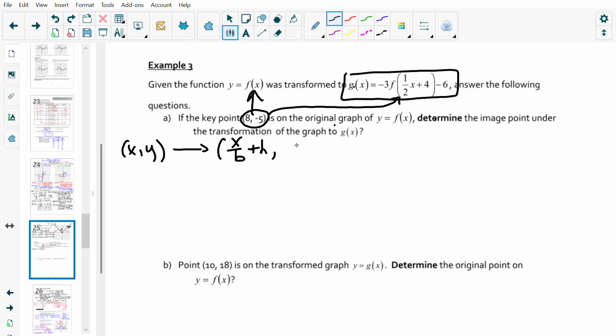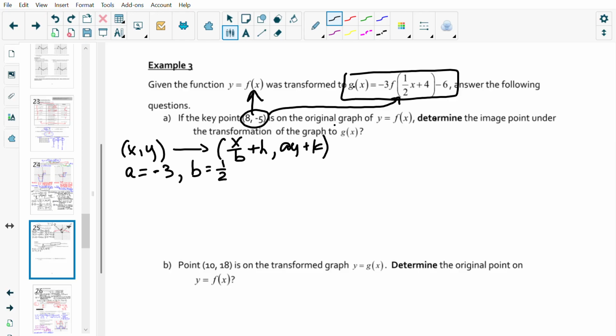x, y. What does it map to? Remember, it maps to this: x over b plus h, ay plus k. Okay, what's my a value? A equals -3. That's not only a reflection in the x-axis, but also a vertical stretch about the x-axis by a factor of 3.